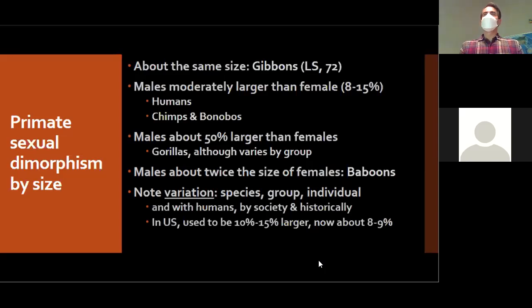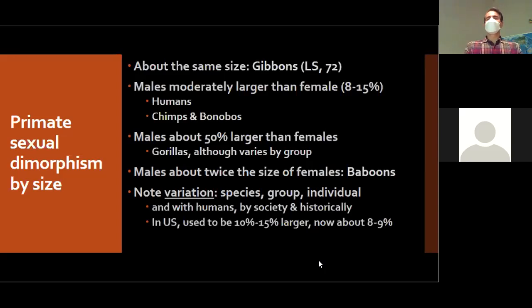With human beings, what's also interesting is there are different societies in which there is more sexual dimorphism, where the men tend to be larger. So there's a cultural thing going on. And it has also varied historically.